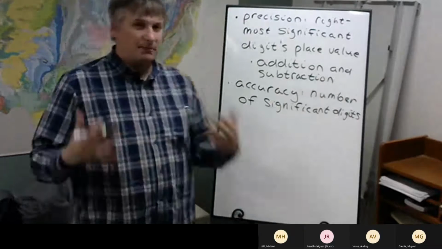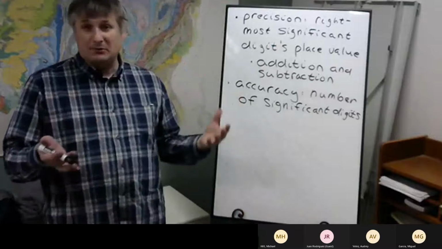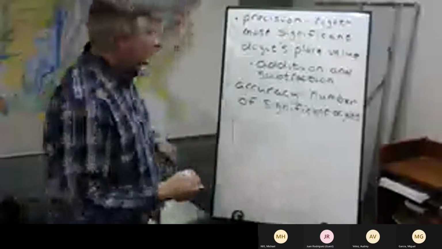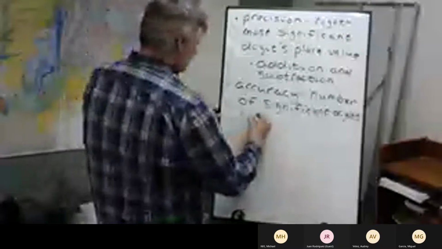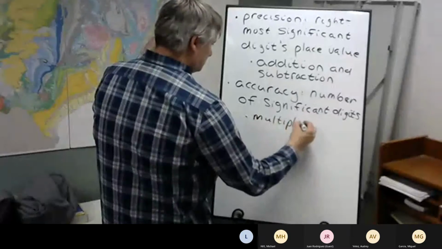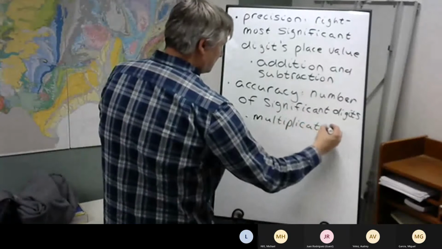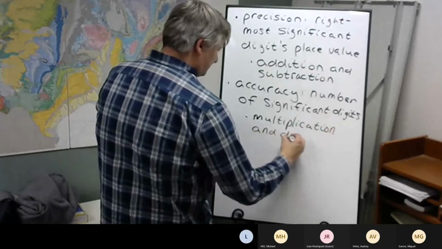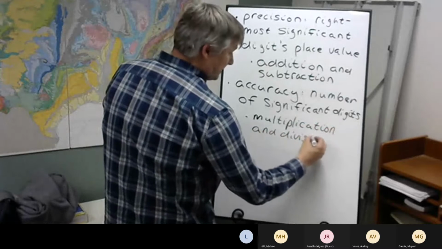So precision is about the place value of the rightmost significant digit. Accuracy is the number of significant digits. And this is going to come into multiplication and division. But we'll get to that in a bit.